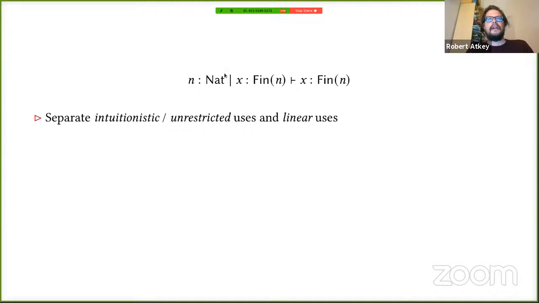This n here could be used in the program, but just in this example isn't. And then we have the linear uses on the right-hand side of the bar. So we separate these intuitionistic uses from the linear uses. And then it depends on the system, but we can maybe use both of them in the term or just the linear ones.